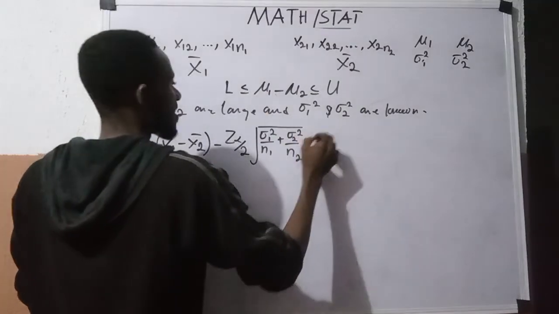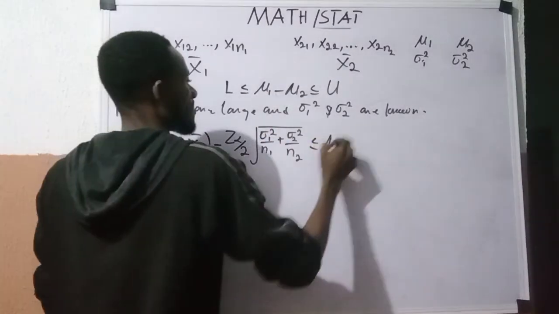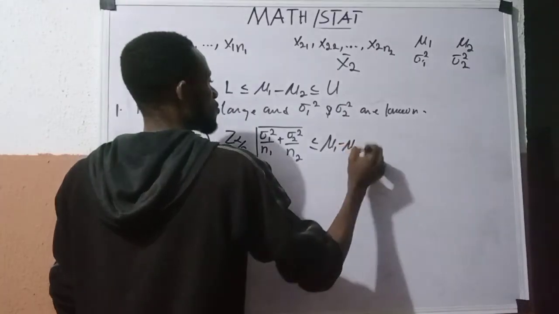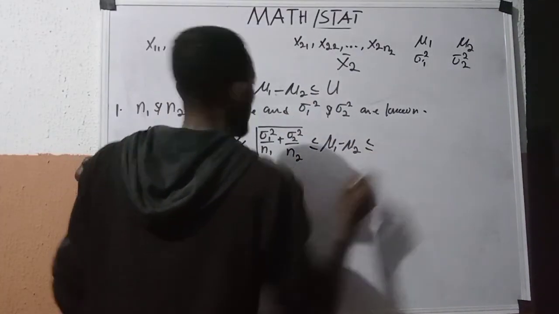The sign here is less than or equal to, here is my mu1 minus mu2, then here is less than or equal to.